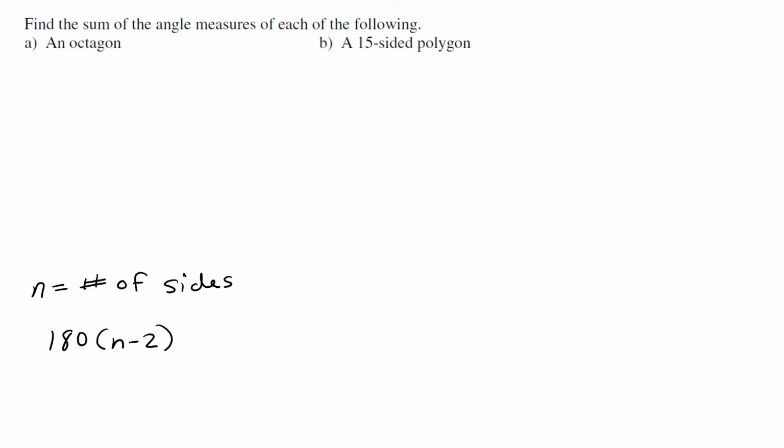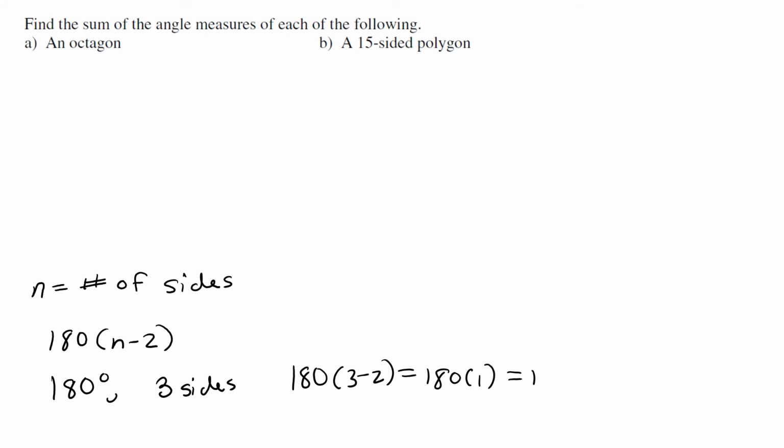So the number of sides minus 2 times 180 is the sum of all of the angle measures in any regular polygon. So let's take a triangle, for example. We know that a triangle has 180 degrees in it. We also know that a triangle has 3 sides. So let's test out our formula. 180 times 3 minus 2, well, that's 180 times 1, which equals 180. So we're showing here that this formula will always work.